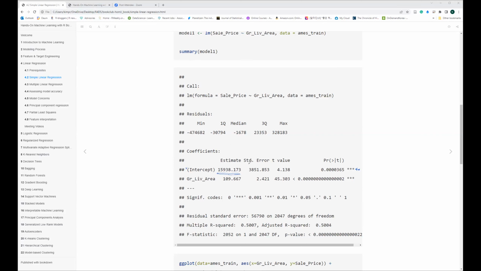And you are right on the F statistic. It's also a hypothesis test comparing the null model, which is only the intercept, in other words, there are no predictors, against the full model with the predictors.